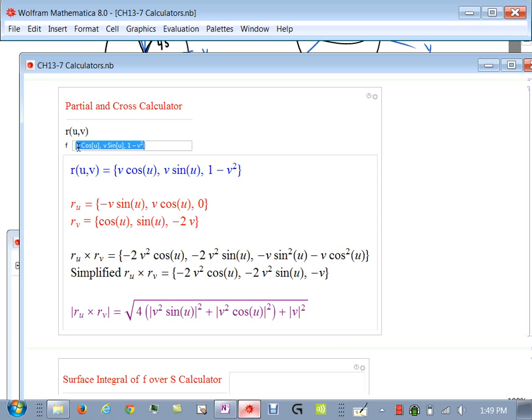So what's our vector form of this? Sine u cosine v, sine u sine v, cosine u.